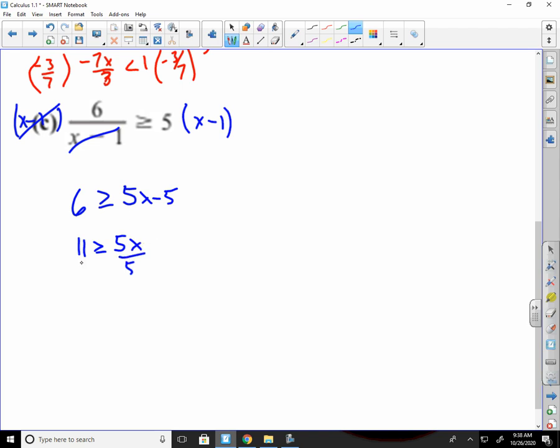Divide by 5. You get 11 fifths is greater than or equal to x. That's the same as x is less than or equal to 11 fifths. Put that in interval notation. It's going to be parenthesis, negative infinity, comma, 11 fifths. Now it's got the equal sign under it, so it's a bracket.